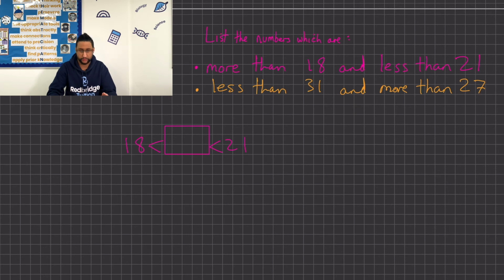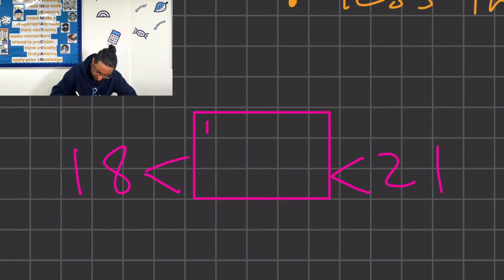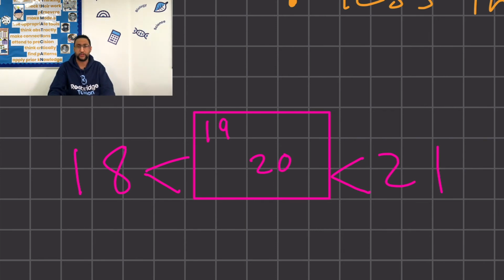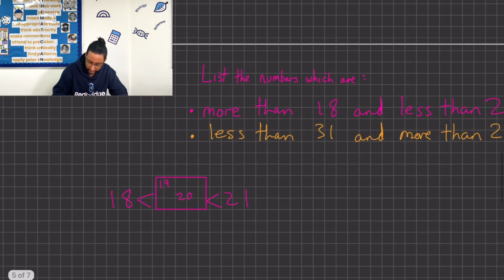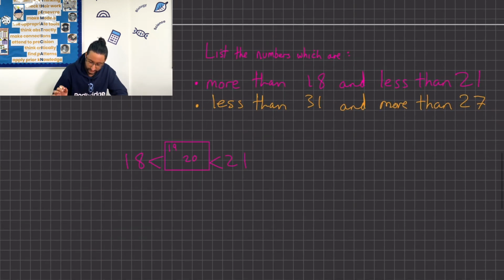That doesn't include the two numbers we're given. So the first number was going to be 19. And then we also have the number 20 as well. And obviously we don't include 21. So the numbers which are more than 18 and less than 21 are 19 and 20.